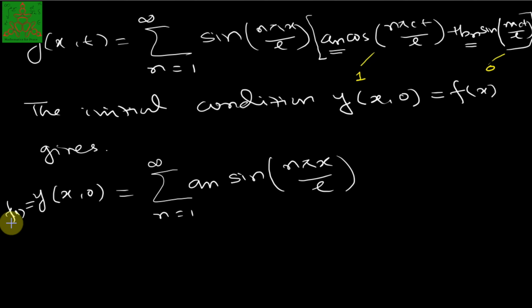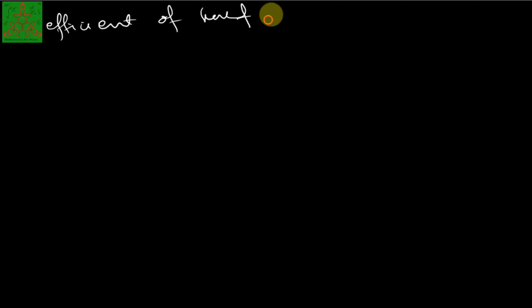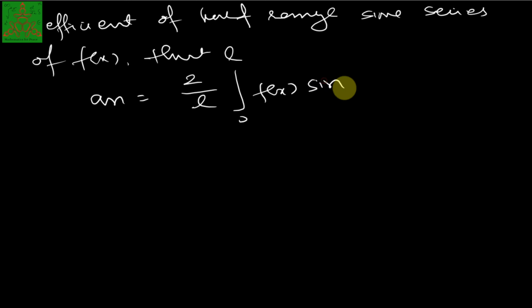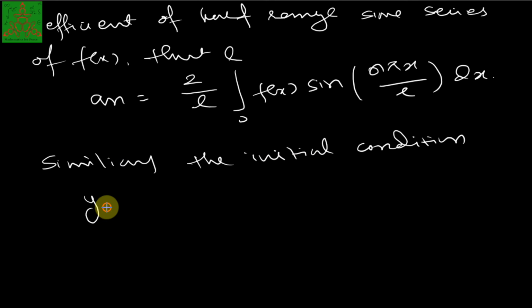To calculate it, by the Fourier half range sine series of f(x), an is equal to 2 by L integration from 0 to L of f(x) sin(n pi x upon L) dx.